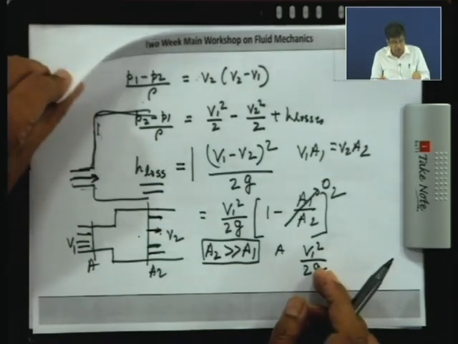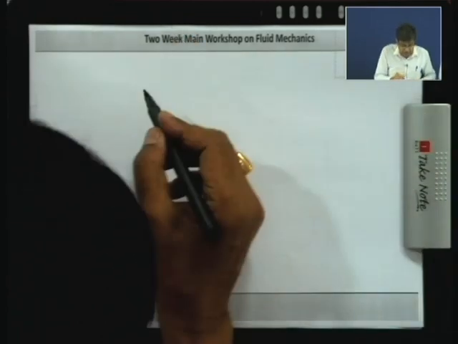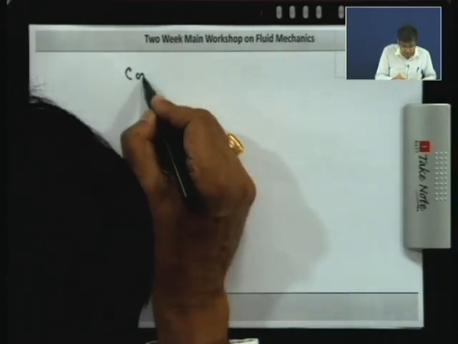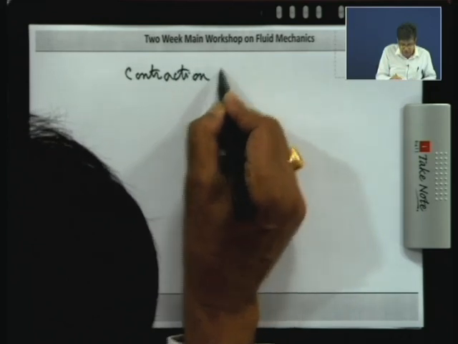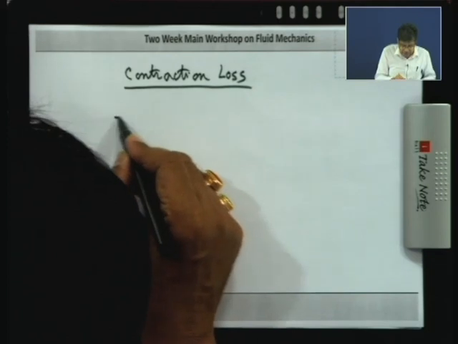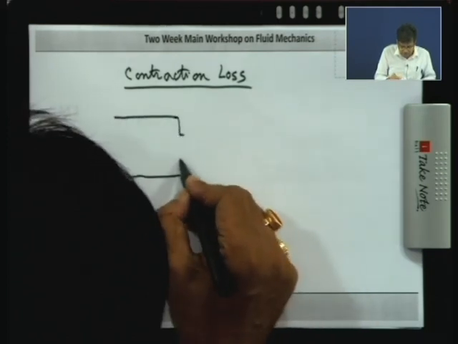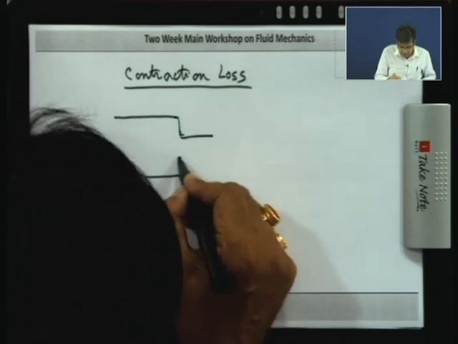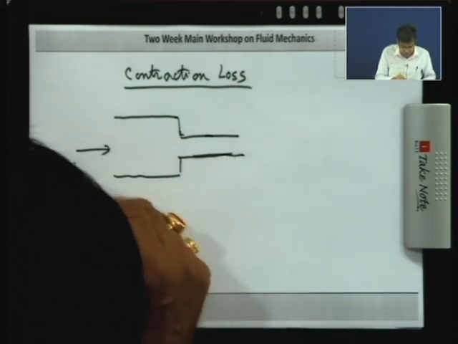Now, when you talk about the contraction, I have told that now this thing will come, now contraction loss. What is contraction loss? Just the reverse. If fluid comes like this, suddenly this is contracted in the direction of flow.